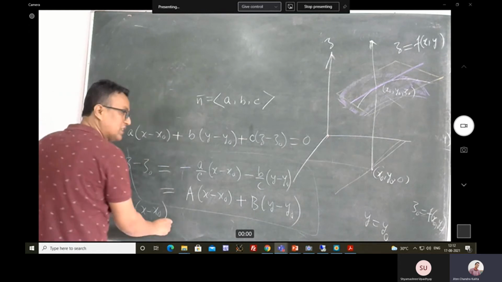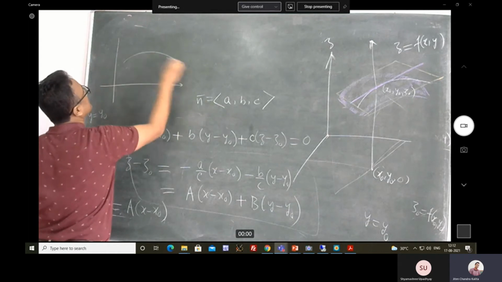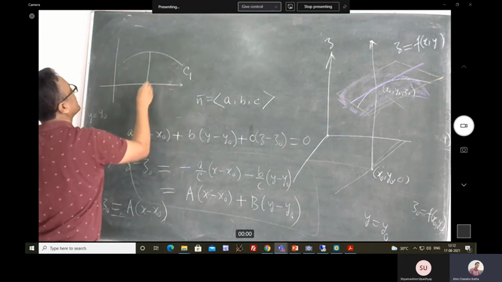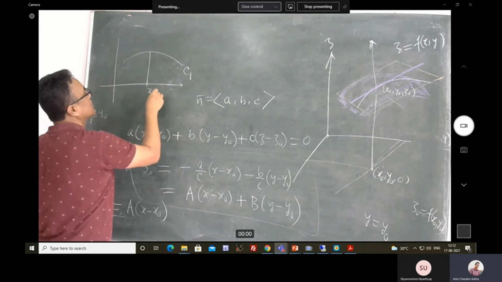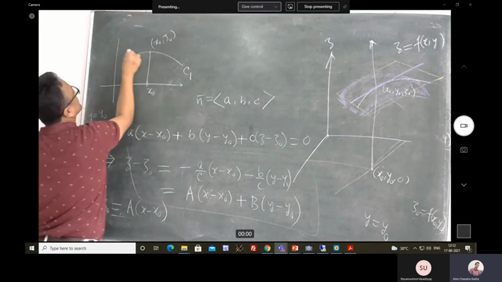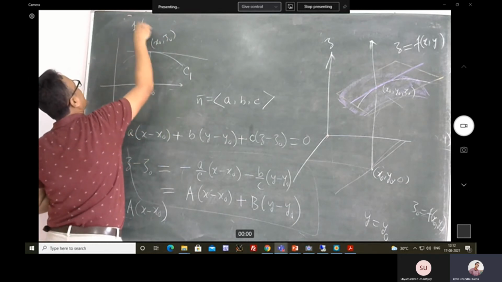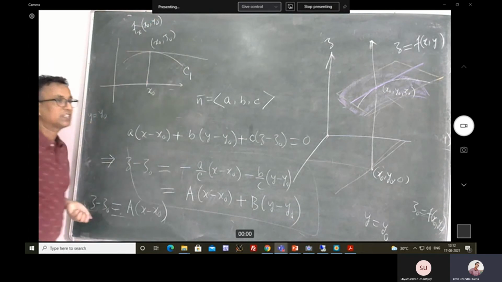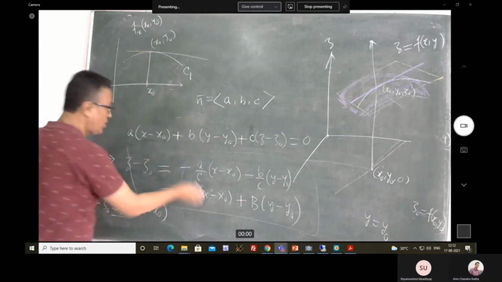As we have seen earlier, if this is the curve C1, and this is the point x naught, and this is the point x naught z naught, then the partial derivative of f with respect to x at the point x naught y naught is nothing but the slope of the tangent to the curve at that point.